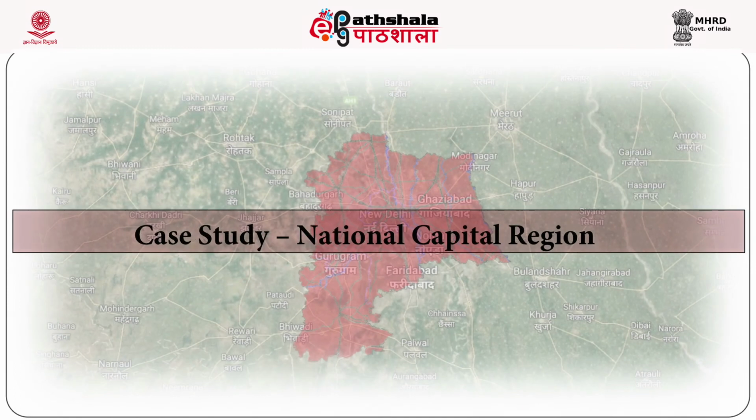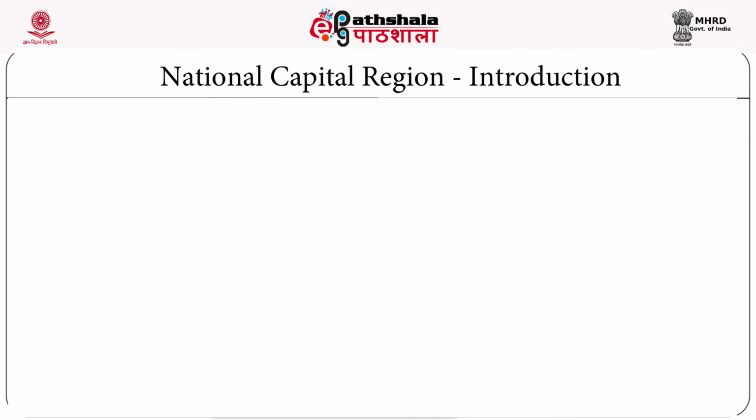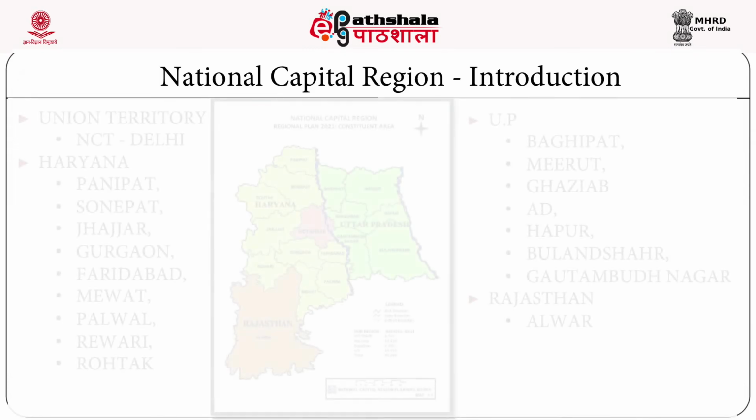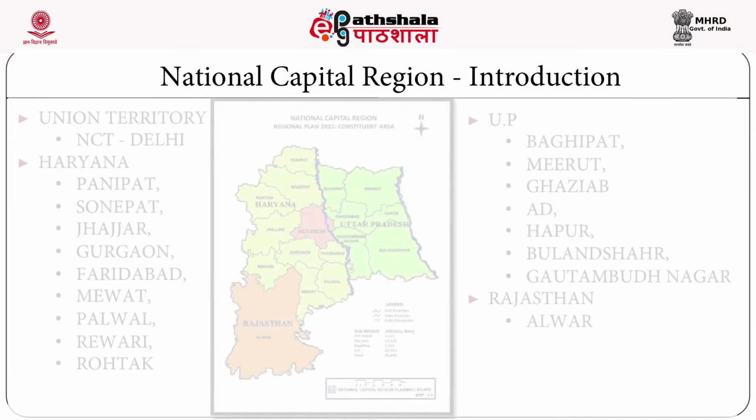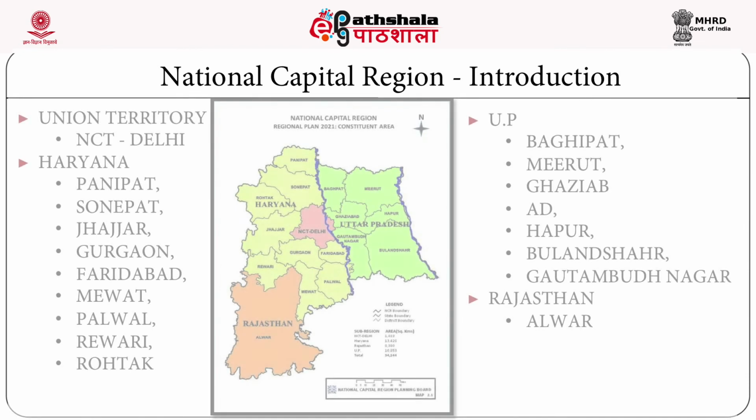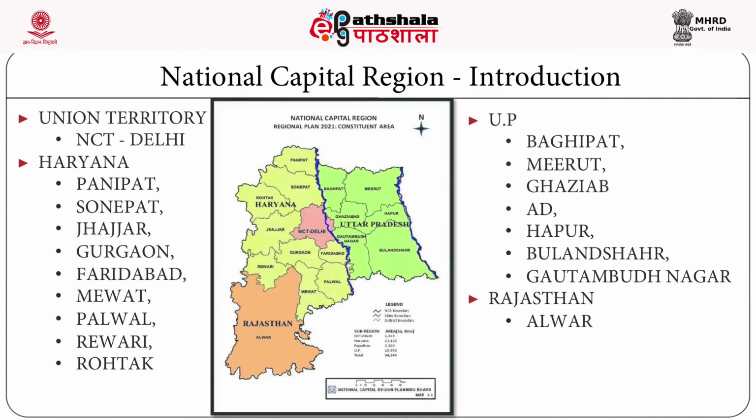So now we come to the National Capital Region Plan, that is the regional plan for NCT Delhi, which is encompassed by three states that are part of this regional plan: Haryana, Uttar Pradesh and Rajasthan.